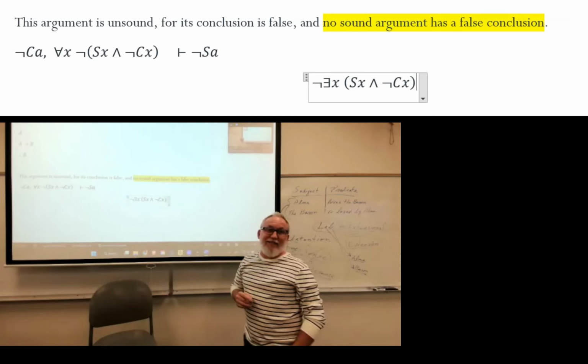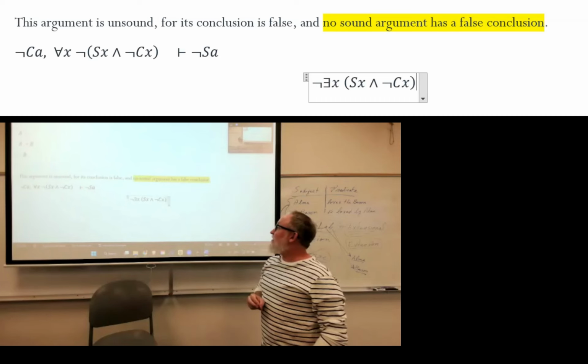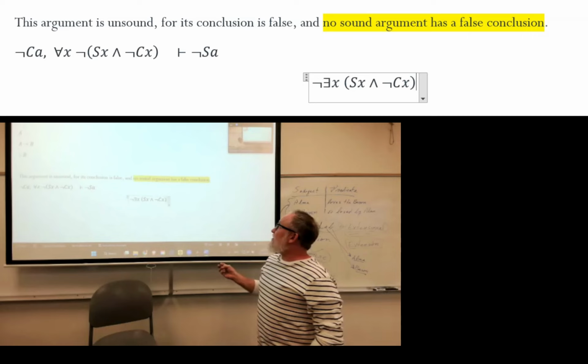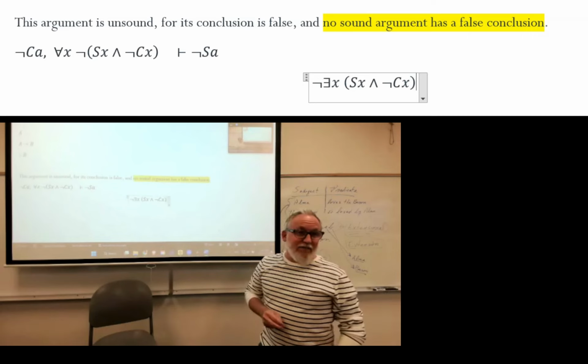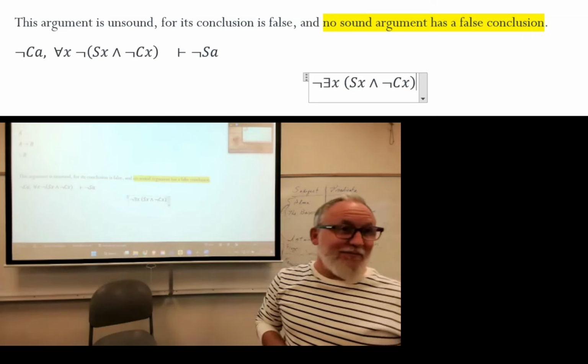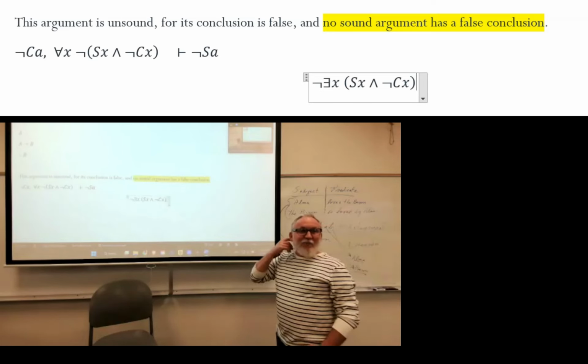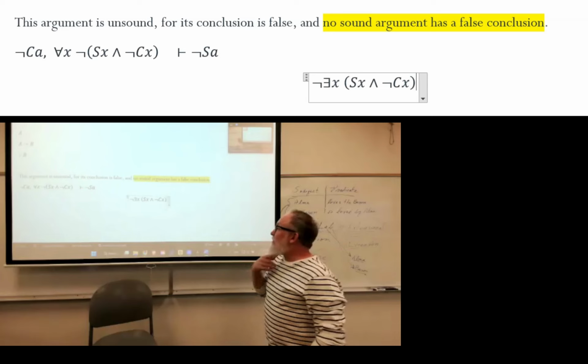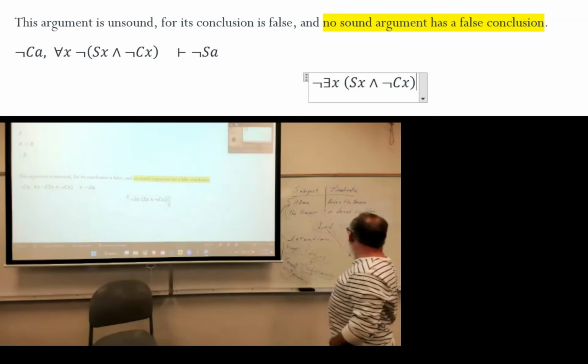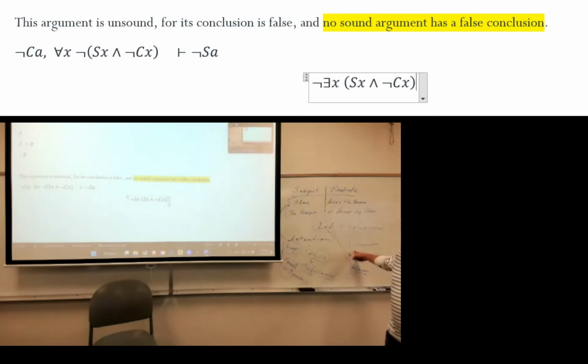Yeah. What would be the English if it was supposed to be a universal? I guess as a way of counterexample, any sound argument does not have a false conclusion would be a universal. I would do that as a universal. Okay. But it all just depends on the way that you think about it, because at the end of the day, all we care about is extensionality.